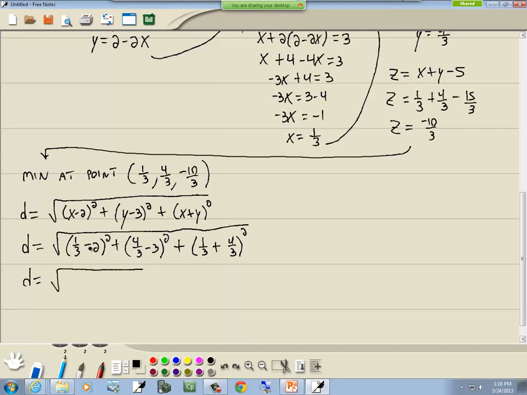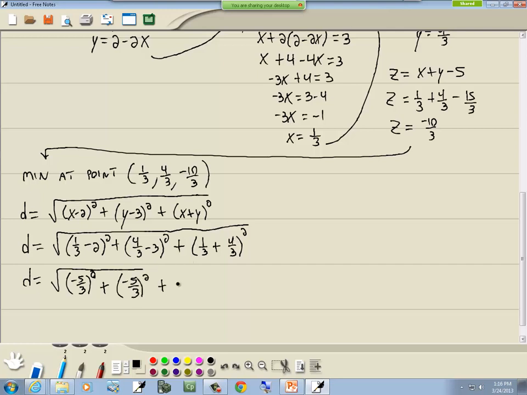This is a mixed number. We can take negative 2 times the 3, that gives us negative 6, and add 1, and that gives us negative 5/3. Here we can take negative 3 times 3, it gives us negative 9 plus 4, that gives us negative 5/3 squared.